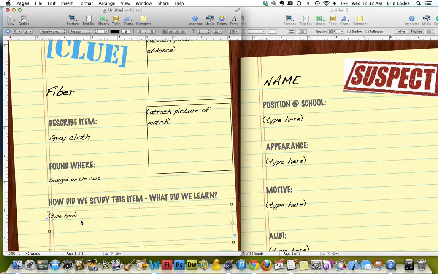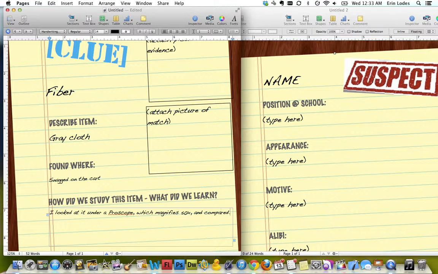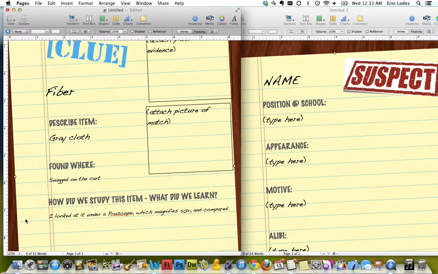And now here's where I need to say how I studied it. A lot of times it's just that you used good observation skills, but if you used scientific skills, you need to say what they were. So here I'm going to say I looked at it under a pro scope, which magnifies 50 times, and compared. Okay?